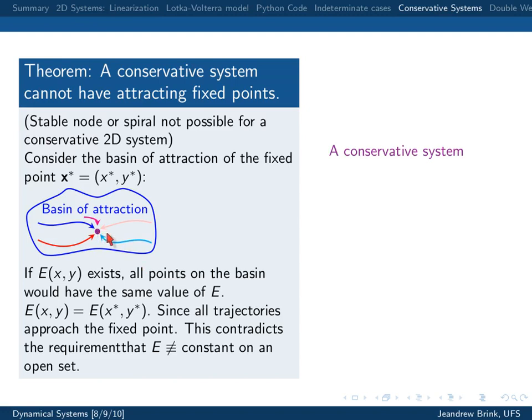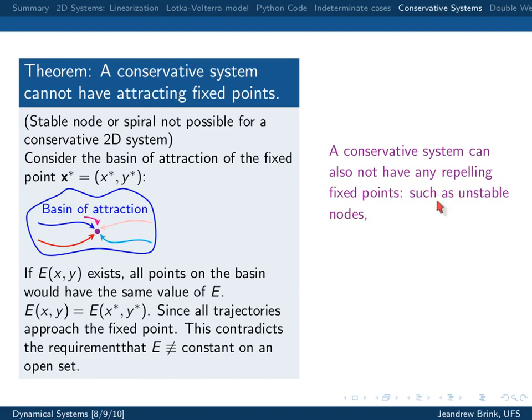Okay. So what is possible in a conservative system is basically, it can't have any repelling fixed points as well, for the same reason, because the trajectories are going to carry the value of the fixed point with them. So that's also not possible. So for a conservative system, you can only have saddles and centers. You can't have repelling things.